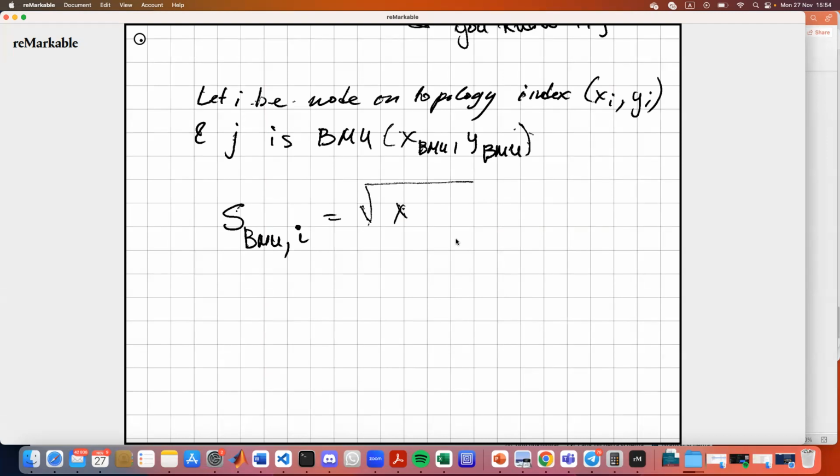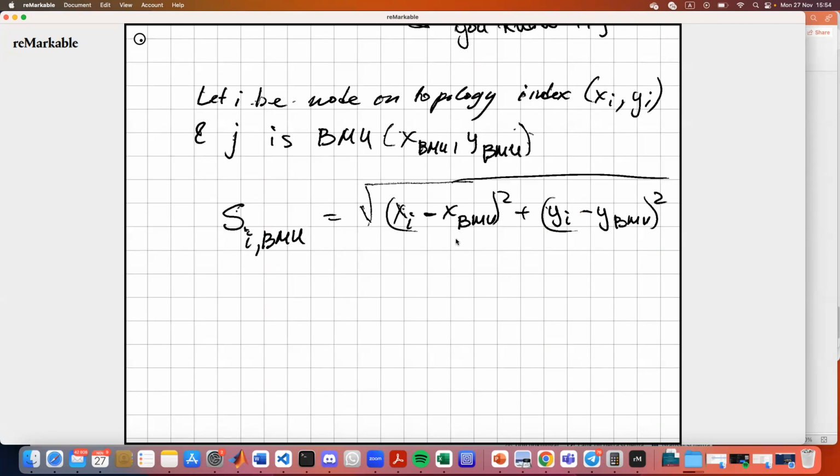of x_I minus x_u squared plus y_I minus y_u squared. And so this G is equal to e to the power minus S_Iu squared divided by 2 sigma squared.